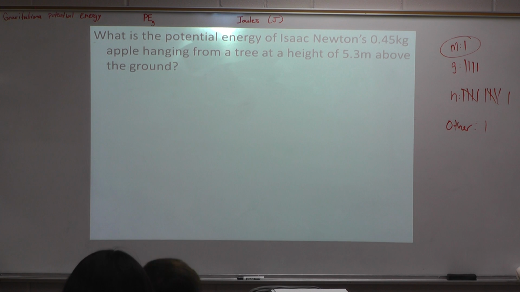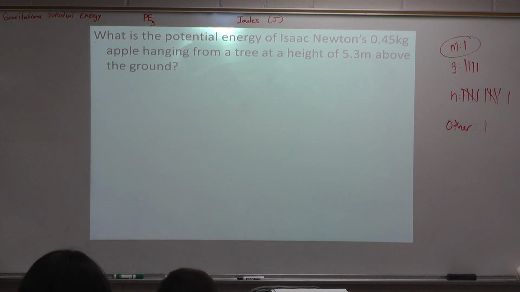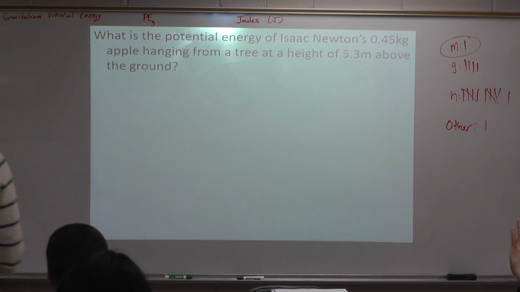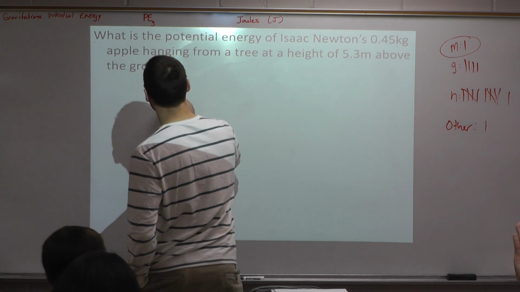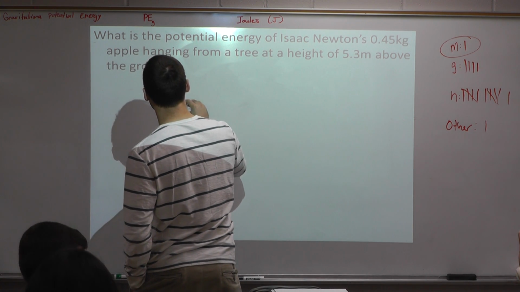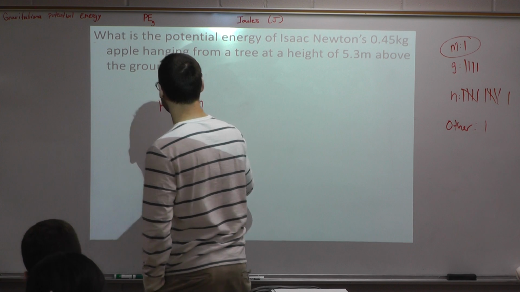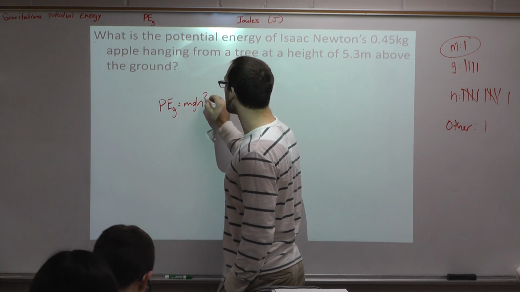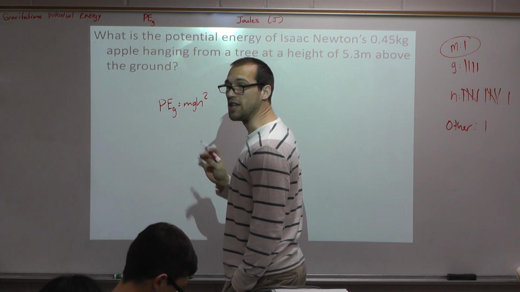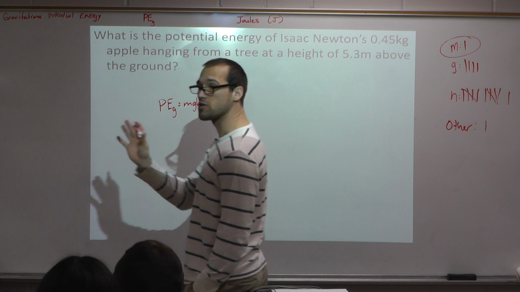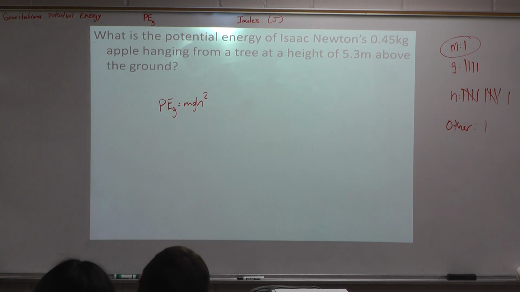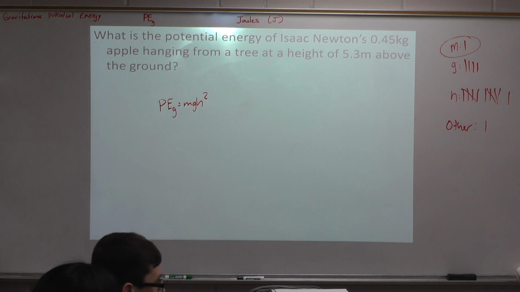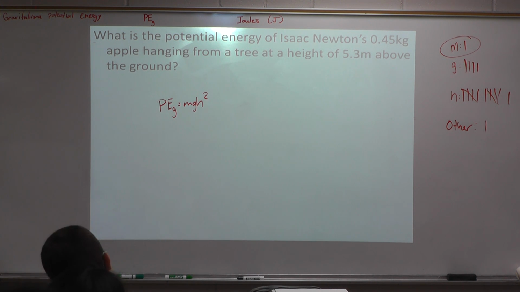You're looking at the unit and thinking you have to square it. The only time you square it is if in the equation it had a square there. The unit, ignore. You don't square when you're doing the units. So you're not going to square that, you're just going to multiply it. Yeah, we learned.